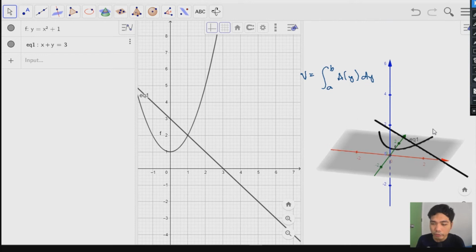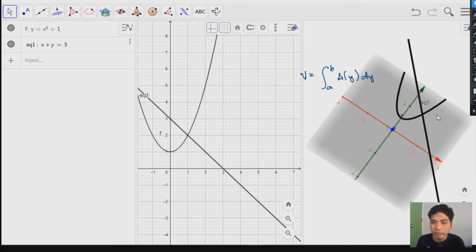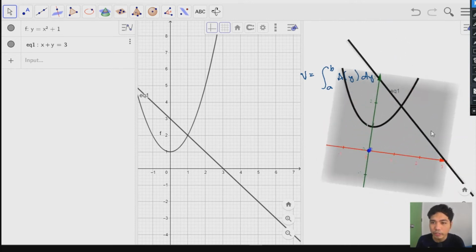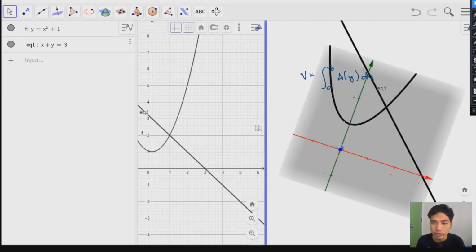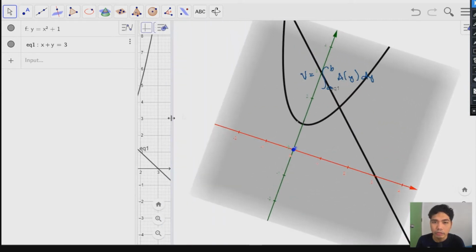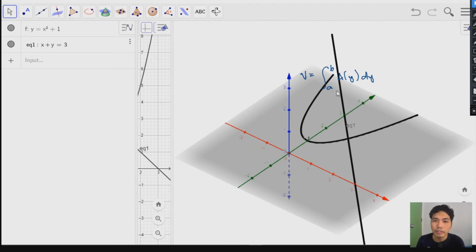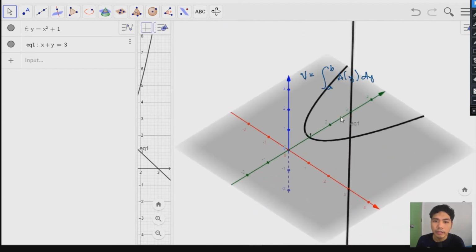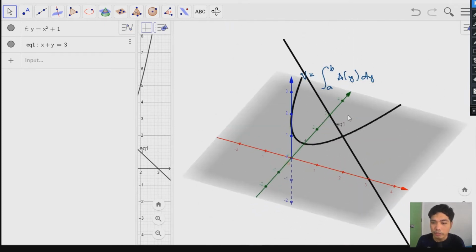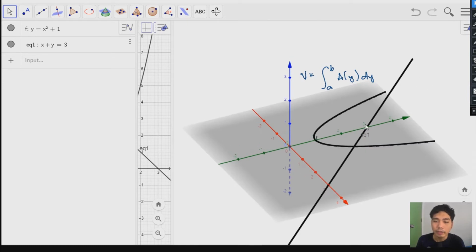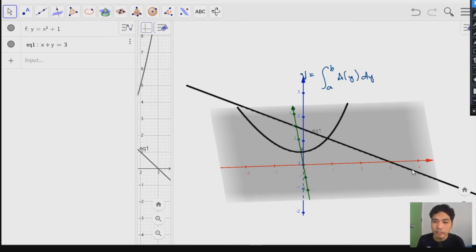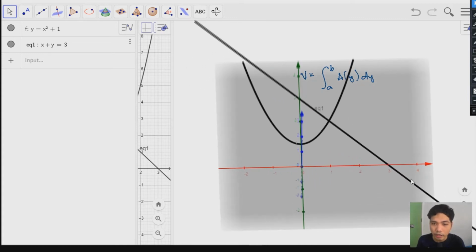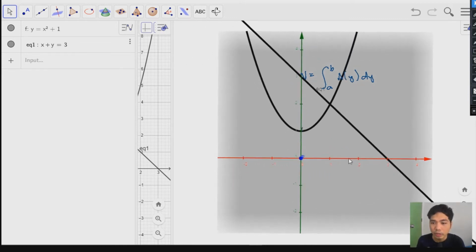So you can see from here that this is our 3D plane, or the 3D equation for this graph. Okay, so this is the 3D. Anyway, this is the 3D. And what is the difference here? We have no rotation, but we have to create semicircles that are perpendicular to the y-axis.